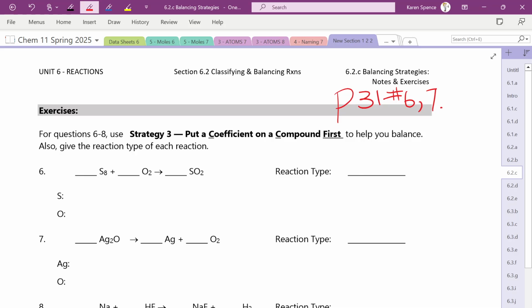This one looks really weird and complicated, and we're trying to balance in hydrogen and see how it works out.